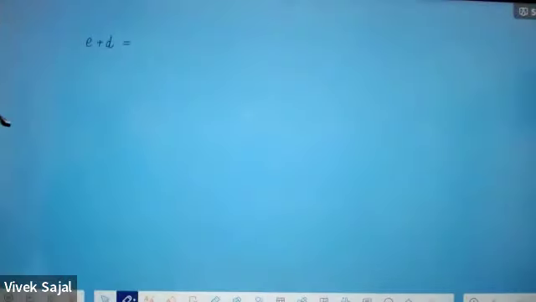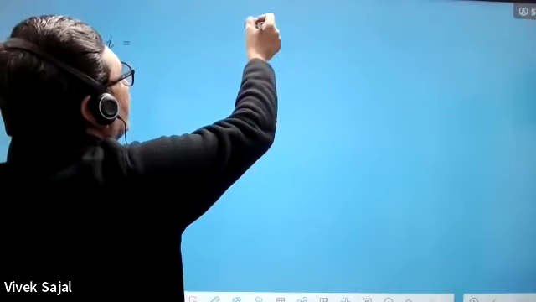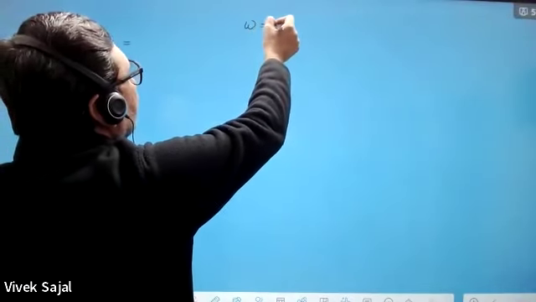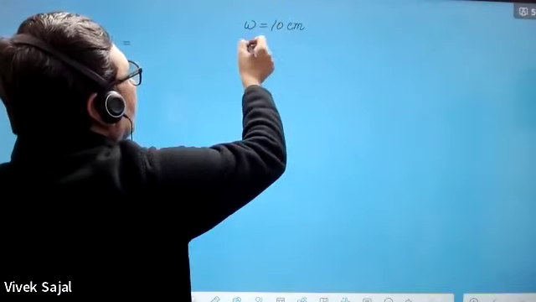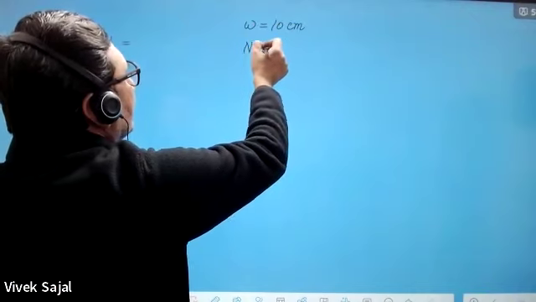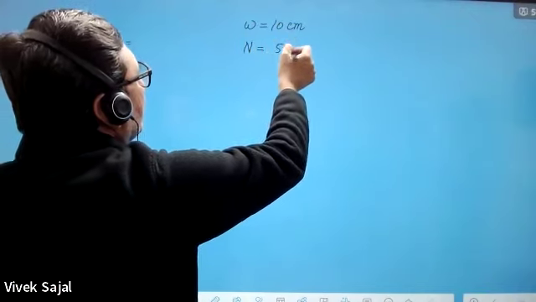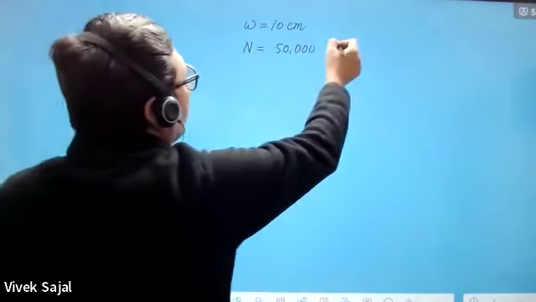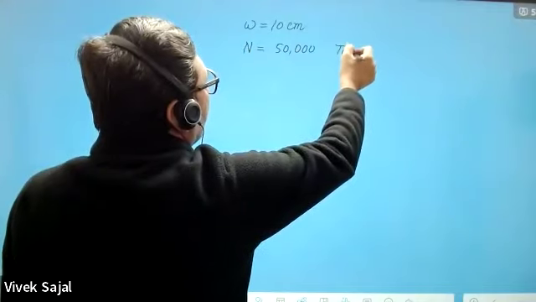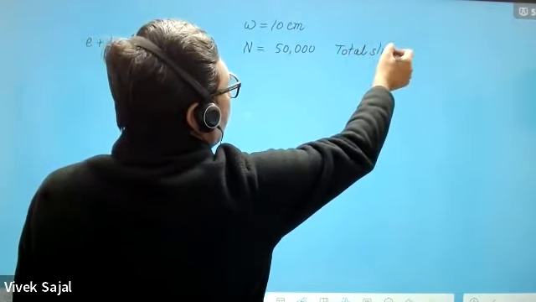Now, there may be different types of questions where, suppose, I'm giving you the width of the grating as 10 centimeter, and the total number of slits, suppose, is 50,000.